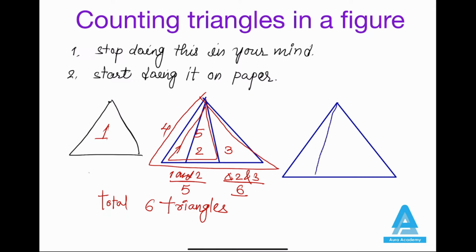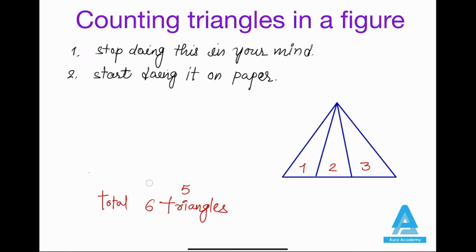This was your question, right? So just start counting the triangles in the base: 1, 2, 3. Now what we need to do is just add them up. 1 plus 2 plus 3, that is 6.